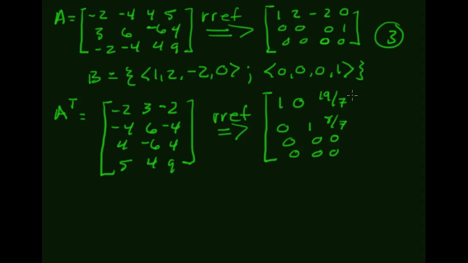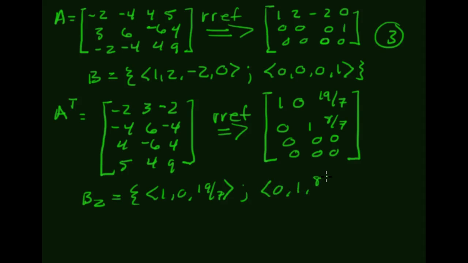Okay, so again, we ignore the 0 rows, and you could say that the basis here is 1, 0, 19 over 7, and 0, 1, 8 over 7.